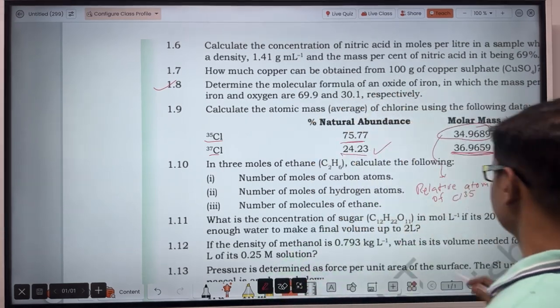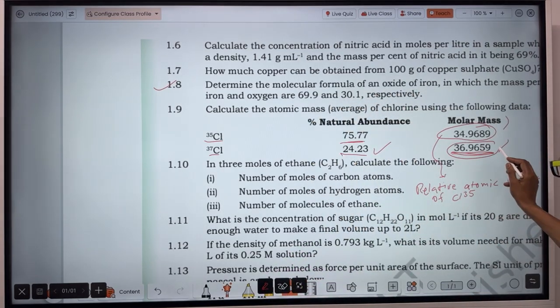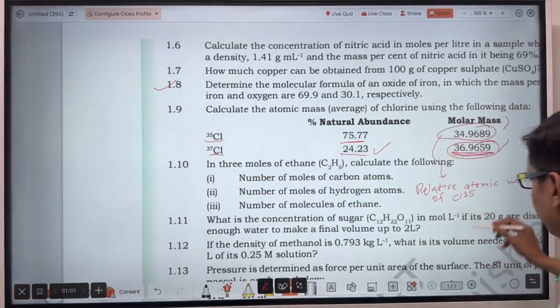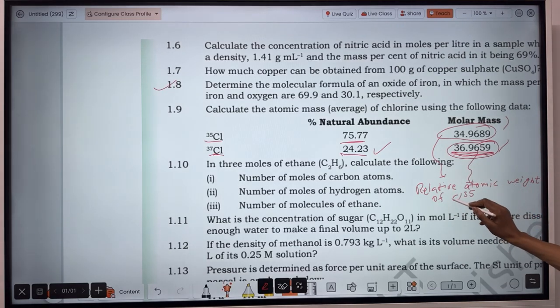In the same way, 36.9659 is the relative atomic weight of chlorine 37.